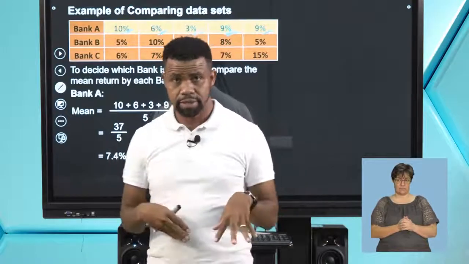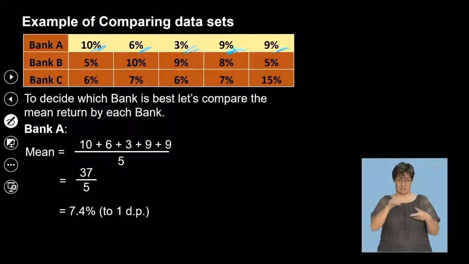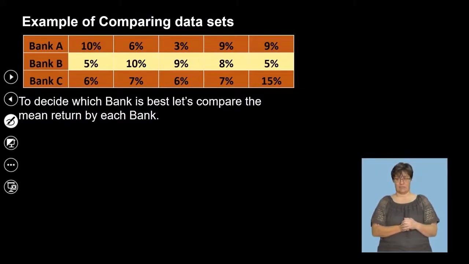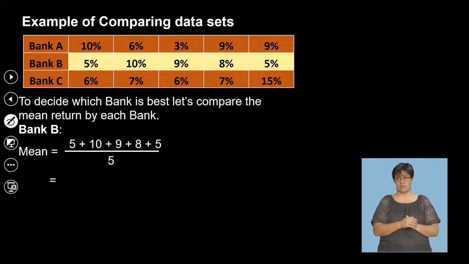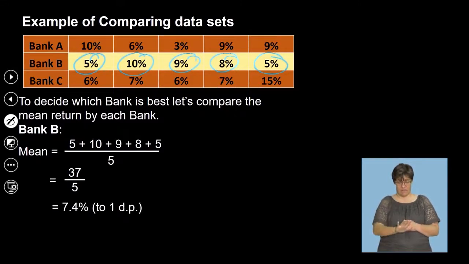Now let's look at the second bank. For Bank B, we calculate the average, which is the mean. The mean will be 5 plus 10 plus 9 plus 8 plus 5, divided by 5, which is 37 over 5, which gives us 7.4.